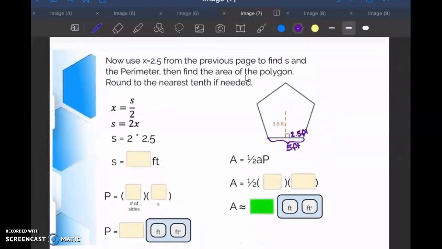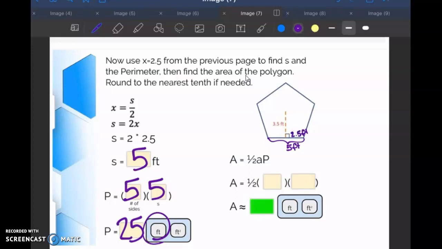So one whole side of this pentagon is 5 feet. Now how many sides do we have? It's a pentagon, we have 5 sides, and each side is 5 feet long, so our perimeter all the way around is 25 feet. It's perimeter, not area, so it's feet, not feet squared.